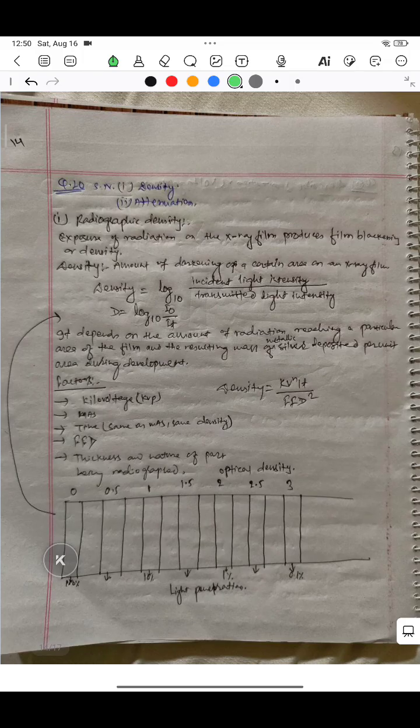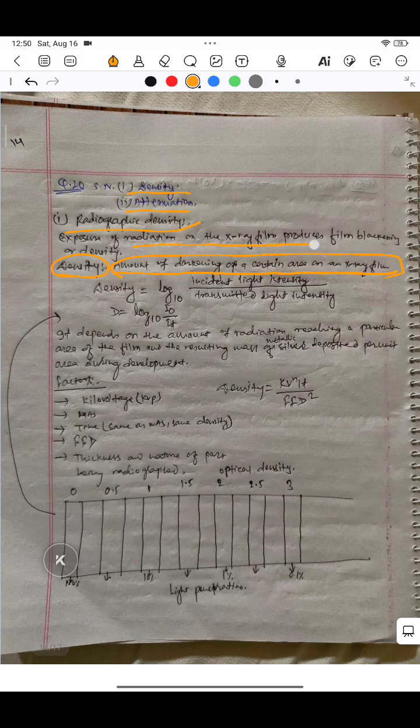So next, write a short note on density and attenuation. So what is radiographic density? Simply, the amount of darkening of a certain area on an X-ray film is called the density of that film.